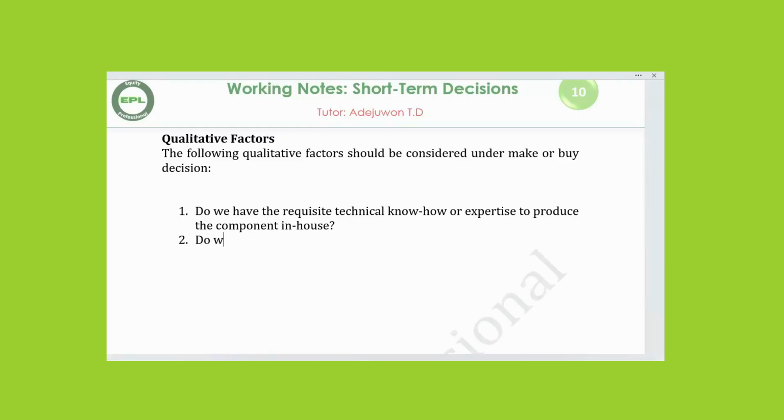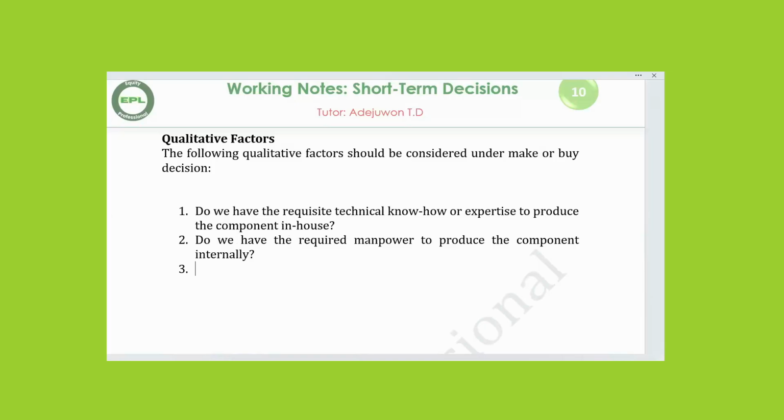Do we have the required manpower to produce the components internally? That's another question you need to ask yourself. If you have the expertise but you don't have the manpower, what do you do? You recruit, you employ labor that will do the job.